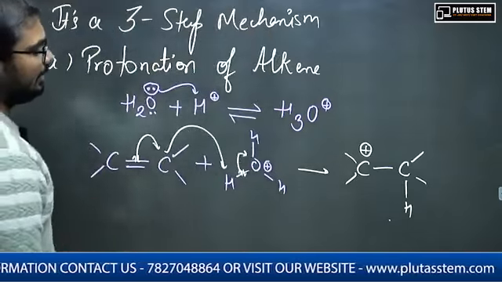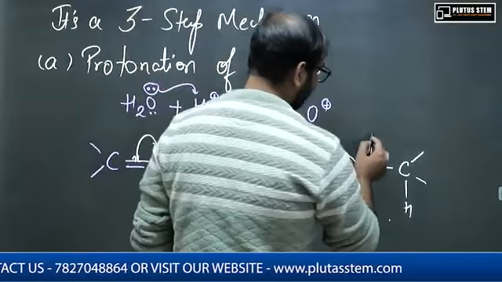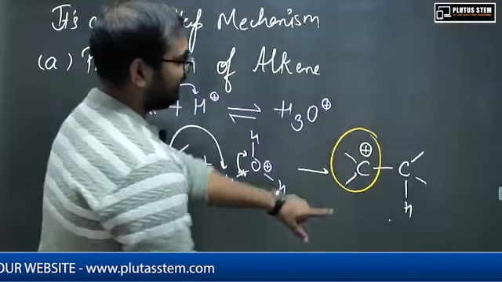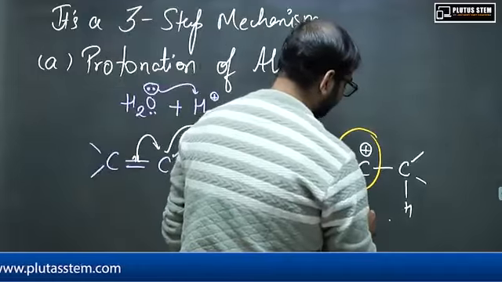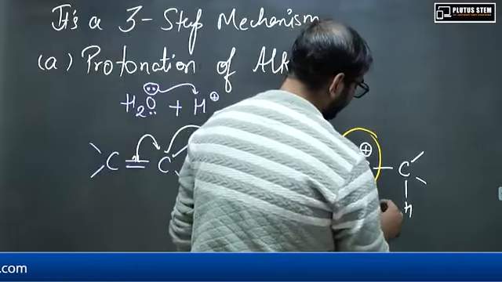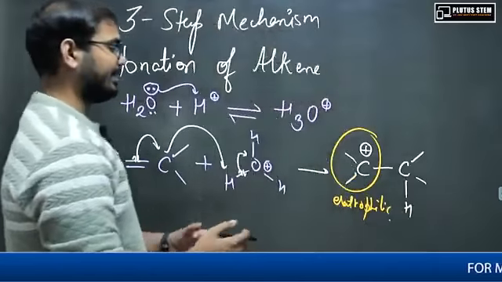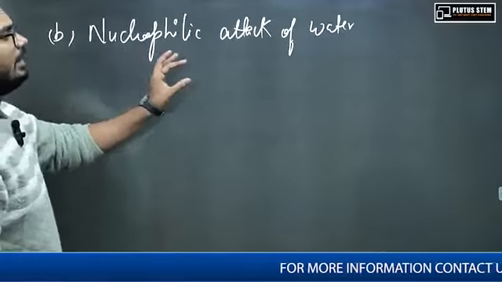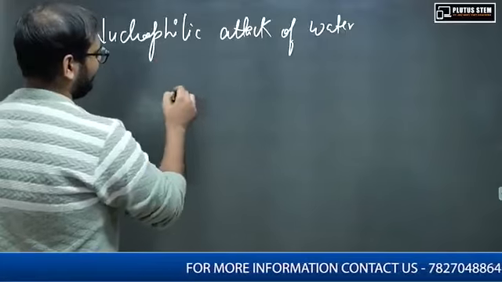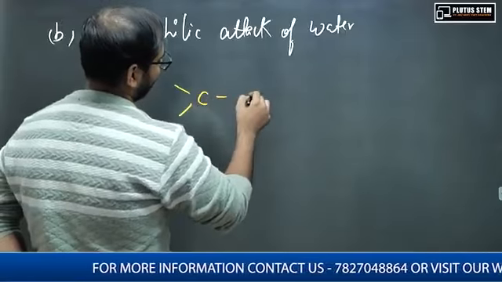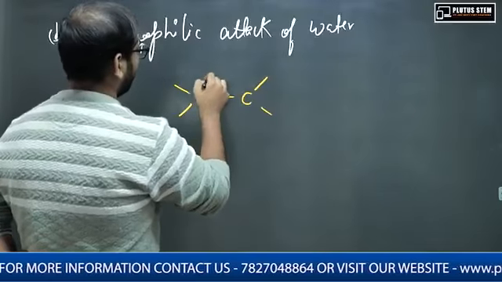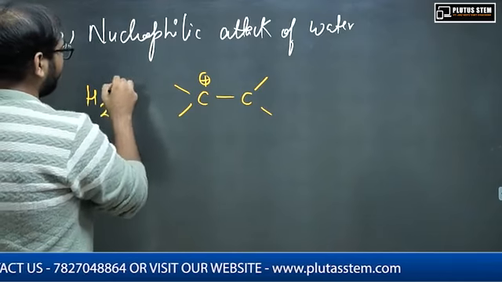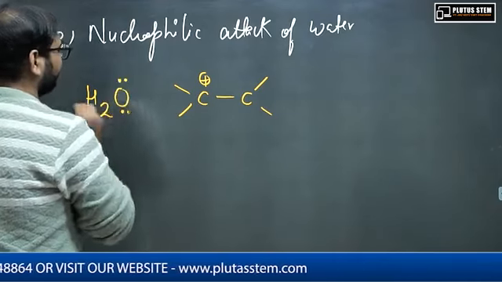Now, after this part, this carbocation is a highly reactive species. So now, this will be our new electrophilic center. So for the second step, we will go for the nucleophilic attack of water. So like any other electrophilic species, we have a carbocation right here, and we have our water molecule, which can again act as a nucleophilic center.